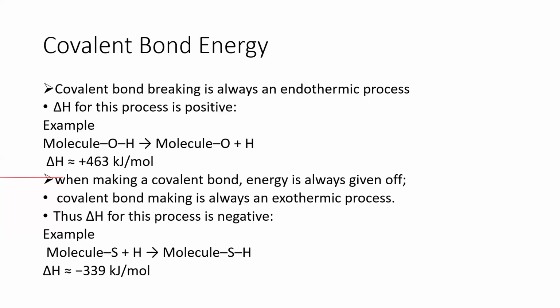For example, you have a molecule, and then you have oxygen, then you have hydrogen, right? So then you're going to get the molecule and oxygen bonded together, and then you have hydrogen, and that delta H will be plus 463 kilojoules per mole. When making a covalent bond, energy is given off.